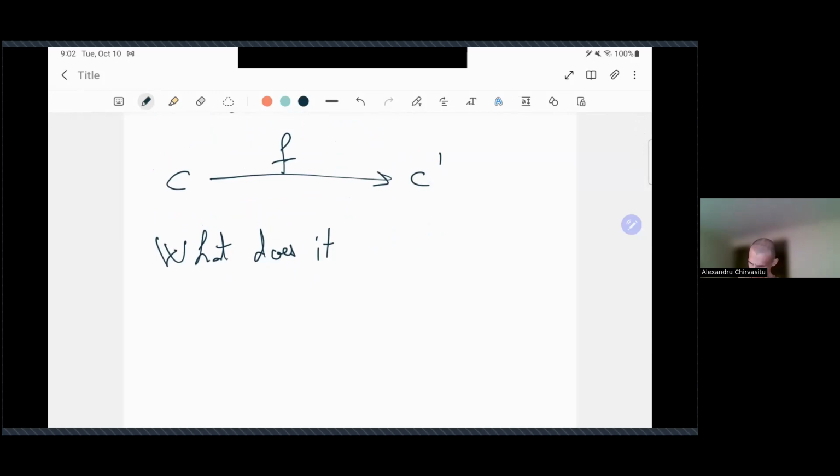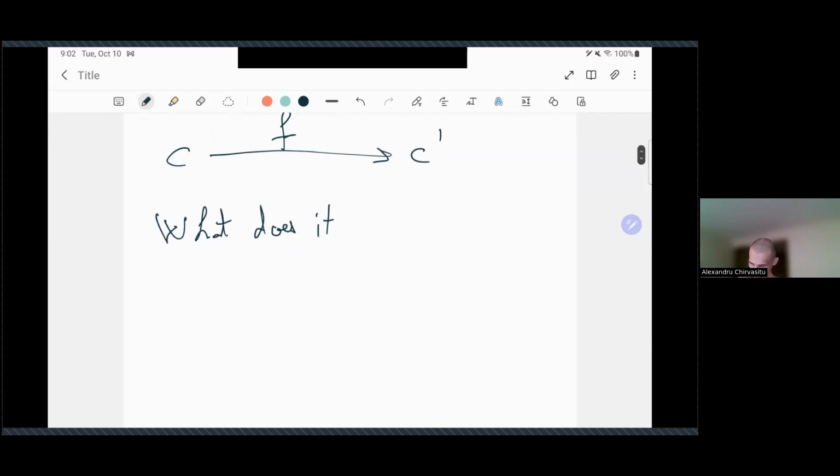But I'm laying out some background work here that we need. What does it mean for F to be, sorry about that word, and about the handwriting generally, to be onto?